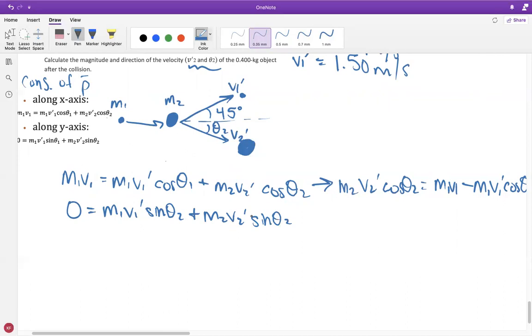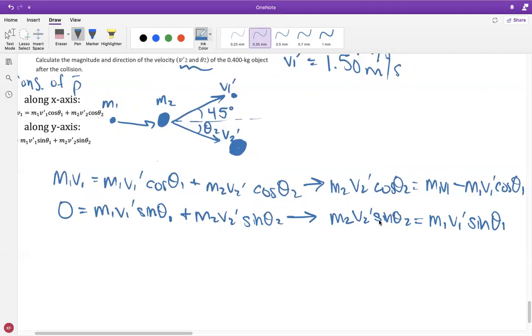Now we can do something similar and solve for this term here: M2 V2 prime sine theta 2 equals M1 V1 prime sine theta 1.